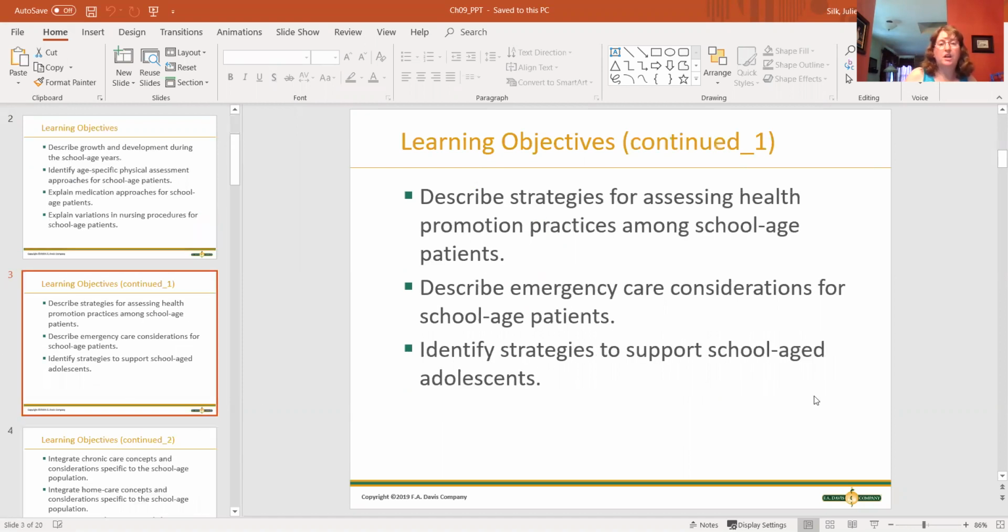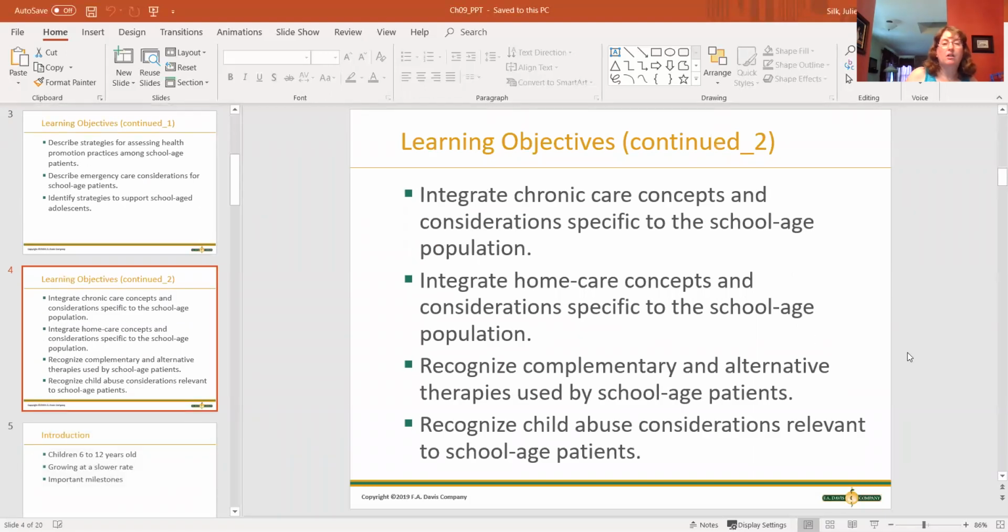We're going to describe strategies for assessing health promotion practices among school-age patients, describe emergency care considerations for them, identify strategies to support school-aged adolescents. We're going to integrate chronic care concepts and considerations specific to the school-age population, integrate home care concepts, recognize complementary and alternative therapies, recognize child abuse considerations relevant to school-age patients.